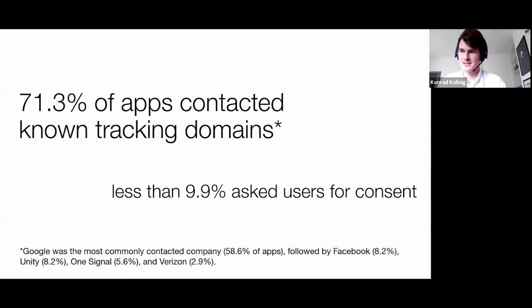And what we found is that while more than 70% of apps send data to tracking companies, and that's even before any user interaction, even before clicking on the accept button, for instance. You just open it and your data goes out there to Facebook, Google, many other companies. Right at the start, yes, that's right. And less than 9.9% of apps actually ask users for consent. So that's a huge discrepancy.